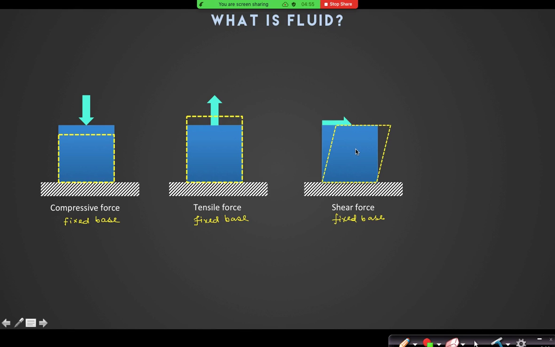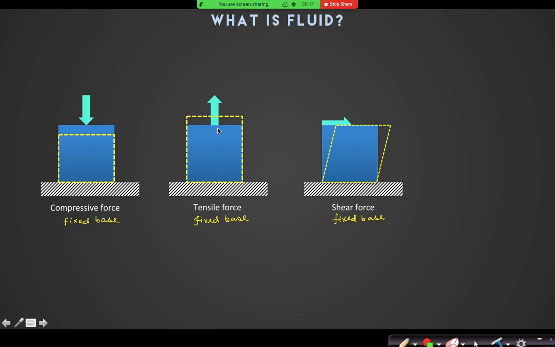So basically, if you talk about a solid body, then the solid body will oppose all of the three kinds of forces. If you exert a compressive force, internal force will be developed inside the solid that will oppose that compressive force.